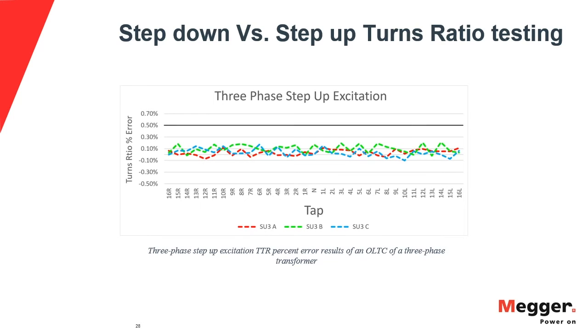With step up excitation, a lot more uniform. I mean, the scale is different, but all well within the plus or minus 0.5%, and again, more uniform results for step up excitation.